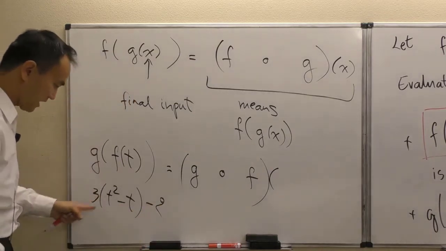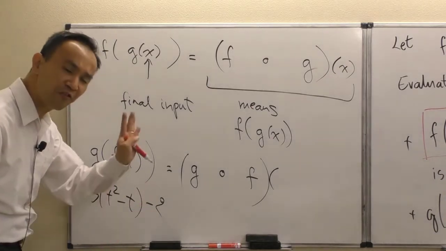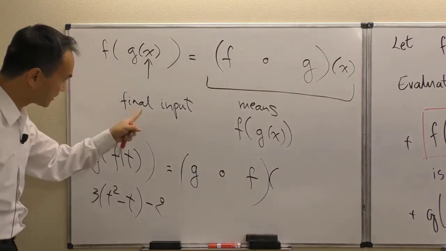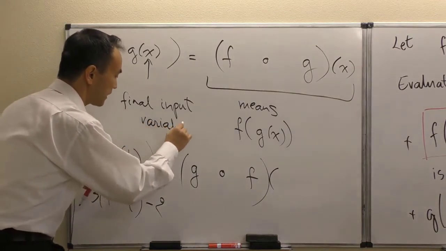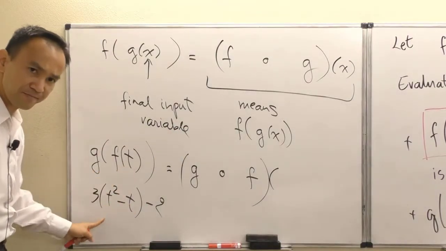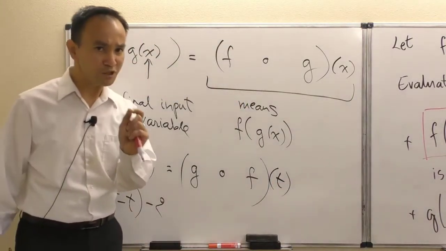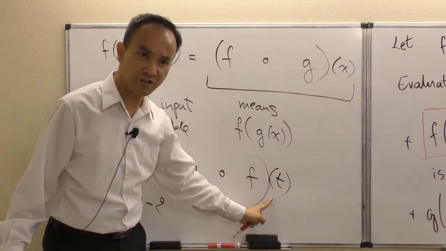In the end we ended up with a final expression in terms of the t variable. I so-called that a final input, but I should have called it the input variable. So the final input variable here is the t. It's not a multiplication.